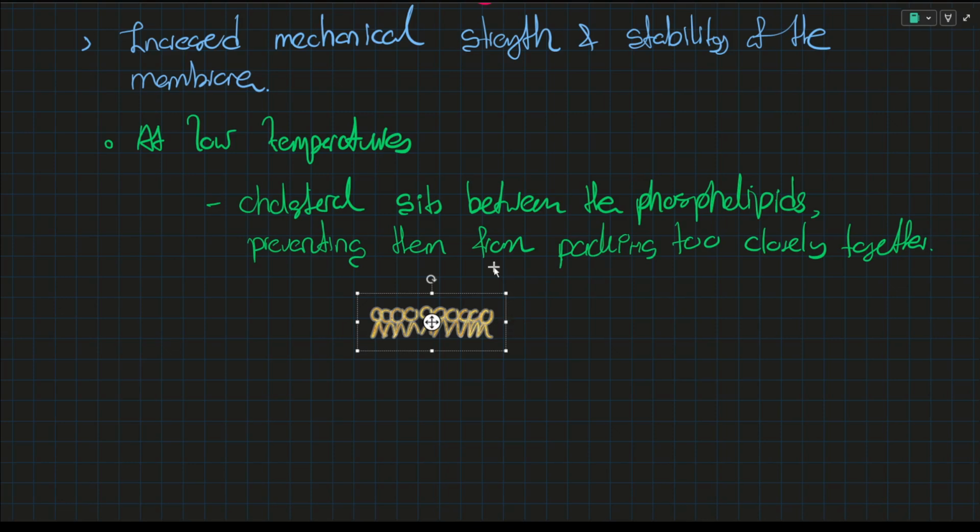So at low temperatures, what's usually going to happen? Temperature is low, kinetic energy is very low, so everything tends to pack together too closely. Cholesterol in this case prevents that. If you imagine some cholesterol molecules amongst the phospholipids, this is going to prevent them from packing too much together.